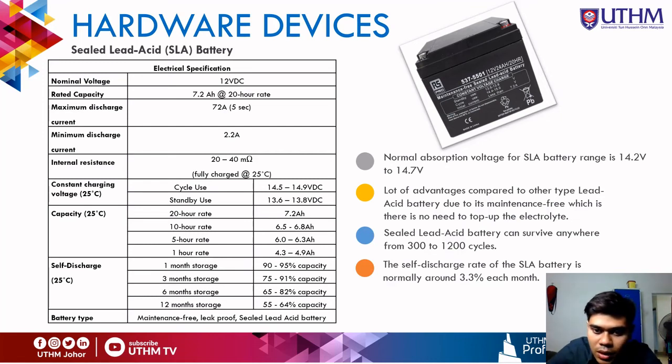This battery has a lot of advantages compared to other types of lead acid battery due to its being maintenance free, which means there is no need to top up the electrolyte. The third one is it can survive anywhere from 300 to 1200 cycles. The last one is the self-discharge rate of the SLA battery is normally around 3.3% each month.